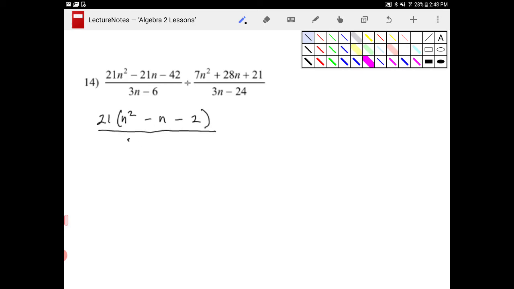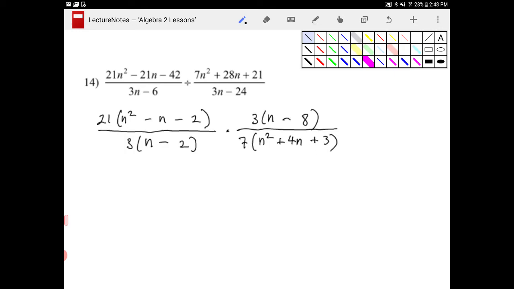And then the denominator is 3 times n minus 2, and multiplied by 3 times n minus 8 over, there's a common factor of 7, so 7 times n squared plus 4n plus 3.